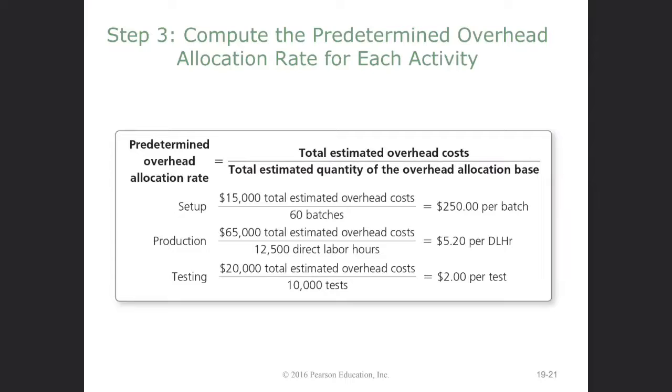We divided that by the 12,500, and that gave us $5.20 per direct labor hour. And then for testing, we took our 20,000 total estimated overhead cost divided by 10,000 tests, which gave us $2 per test. And that is on page 997 if you wanted to look and see the estimated overhead cost.